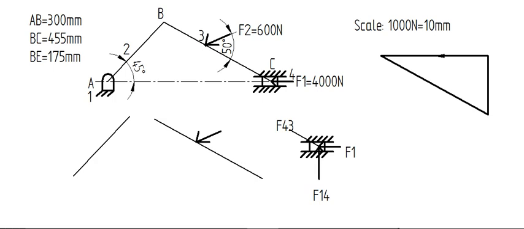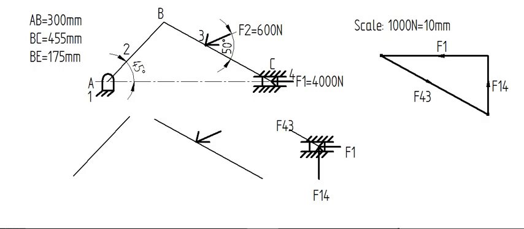So this will be your F1, and this will be your F43, and this one will be your F14. So F14 is of no use here, only the F43 value can be determined. So the direction will be here in this manner. Okay, then once you get F43, now you can take this dimension.